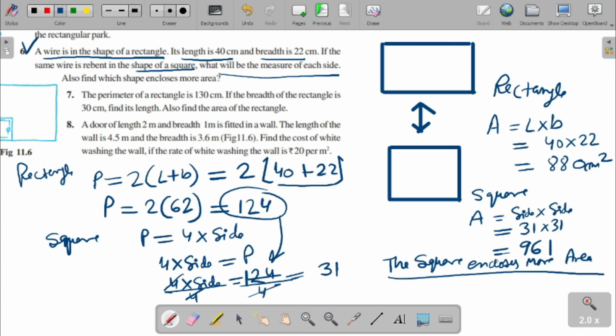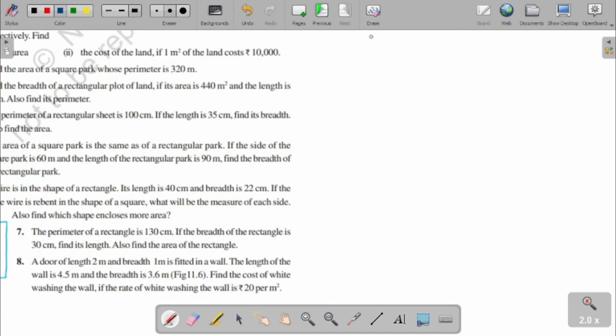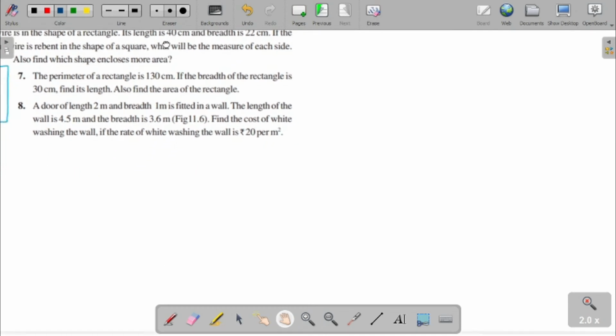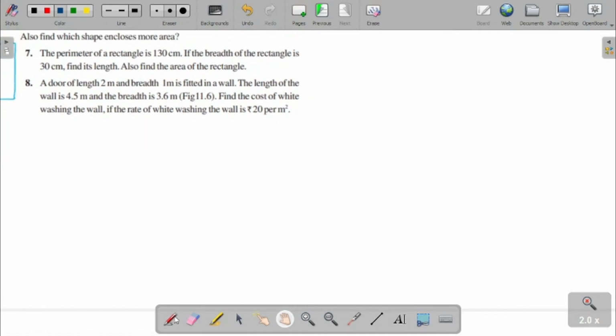Okay. Now we move to question number 7. In question number 7, it is given that the perimeter of the rectangle is 130 and the breadth is 30. Find the length and then find the area.